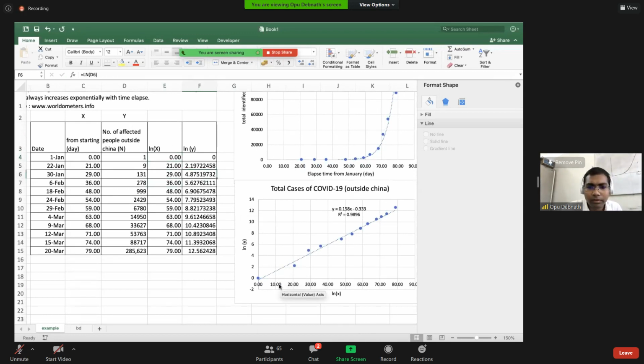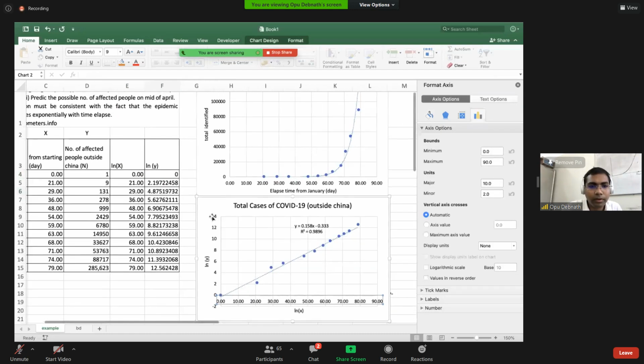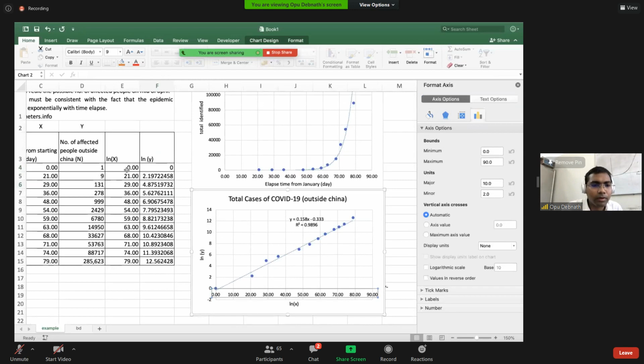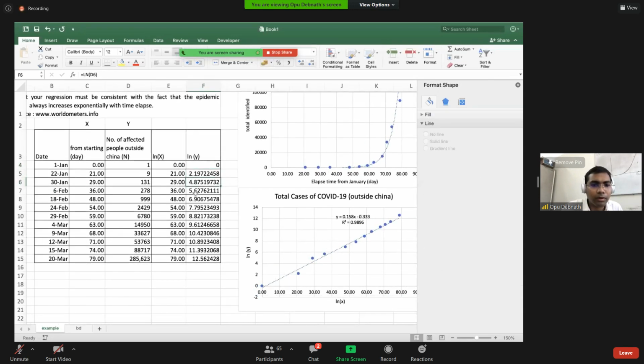It's not shown ln x, it's ln. This is also logarithmic.